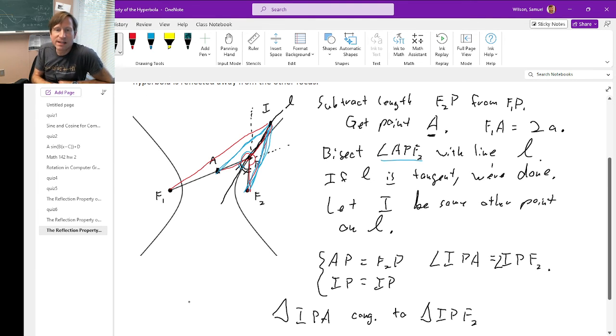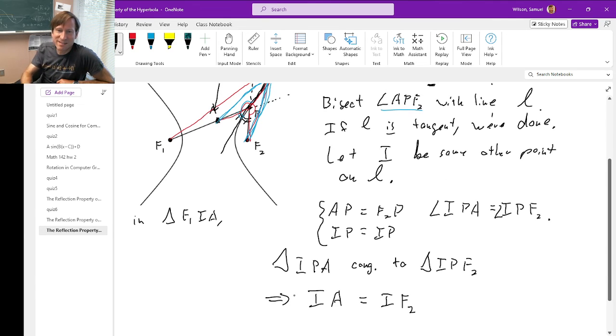The last ingredient that we need is just to notice that there's a triangle right here, this big wide triangle. So in the triangle from F1 to I to A, we can write down the triangle inequality. Remember, the triangle inequality says that the sum of any two sides of a triangle must be larger than the third side, because otherwise the sides just don't fit together into a triangle.